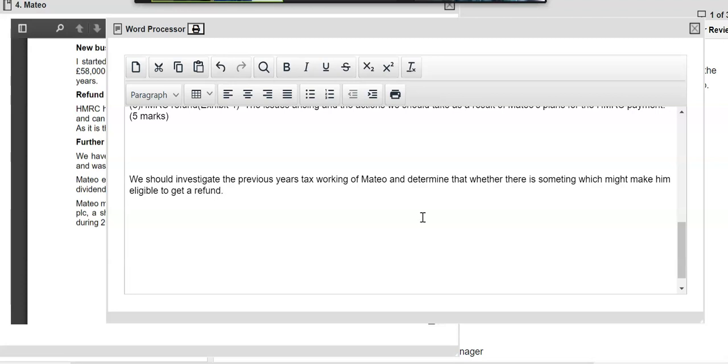So this is the first thing which we have to do. And if nothing comes up, then we should advise Matthew to disclose this refund to HMRC, right?